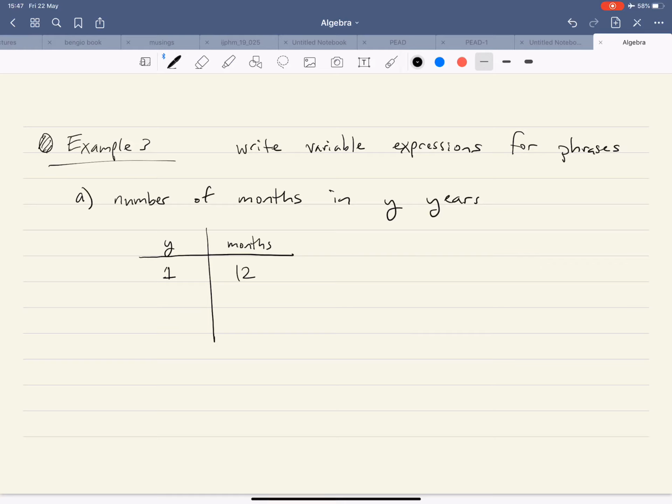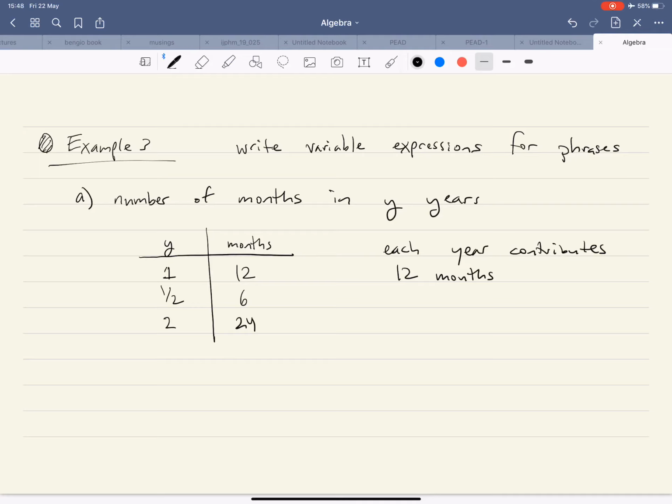Let's say that we were looking at y is a half. Well, the number of months in half a year, that's going to be 6. Y is 2. The number of months in 2 years is going to be twice as many as the number of months in 1 year. It's going to be 24 months, right? So each year contributes 12 months.